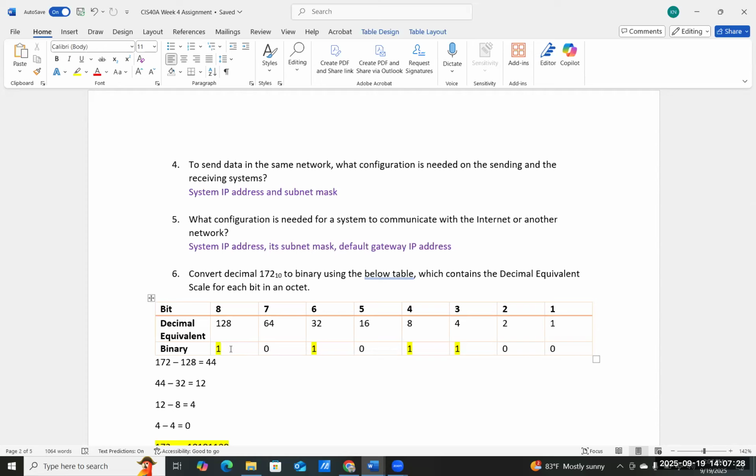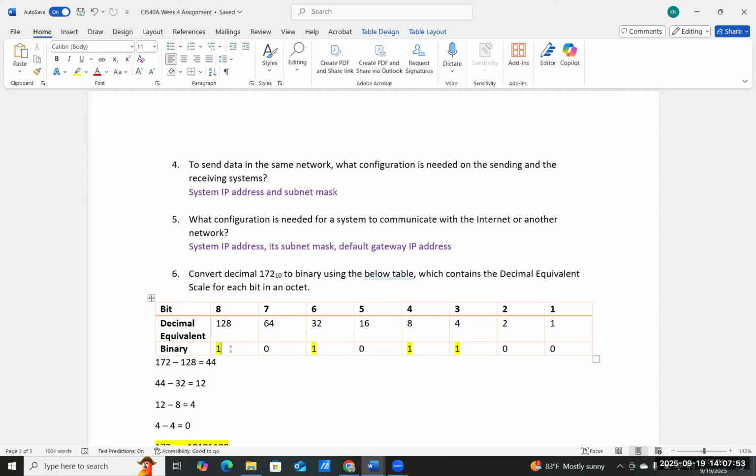Okay. Now 44 is less than 64. I cannot subtract the 64, that bit is off. You put a 0. So simply the technique is you look at the equivalence decimal scale, which is multiple of 2, you find the highest value on that scale and you subtract it.